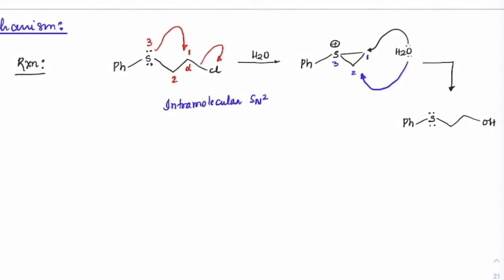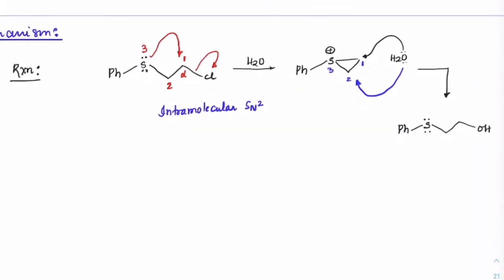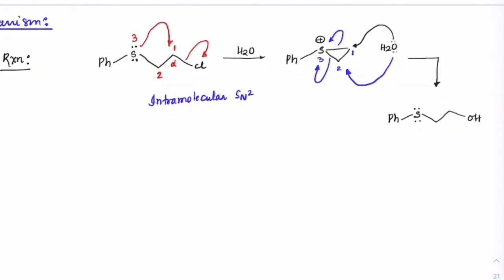Both of them are connected to sulfur and both are symmetrical with respect to sulfur, so water can attack from either side. And since both of them are methyl only, it doesn't matter. So the bond could break from this side or this side depending upon where it is attacking. And in either case, you will finally have this product forming.